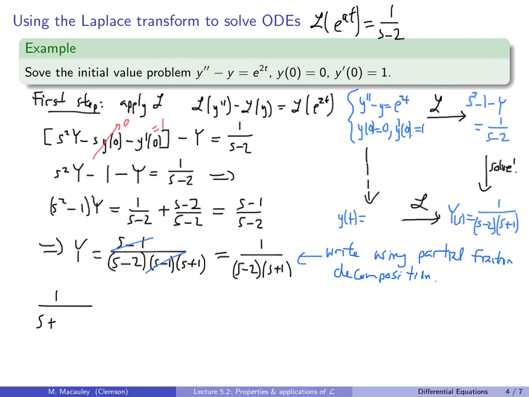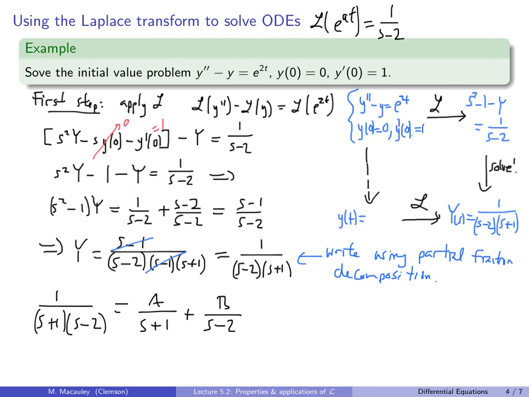1 over s plus 1 times s minus 2. So we have to somehow write this thing as A over s plus 1 plus B over s minus 2. Okay, so how do we do that? Now we have to find a common denominator.